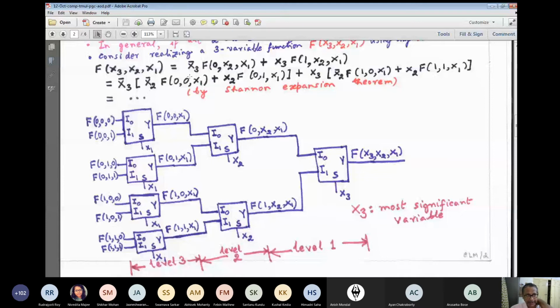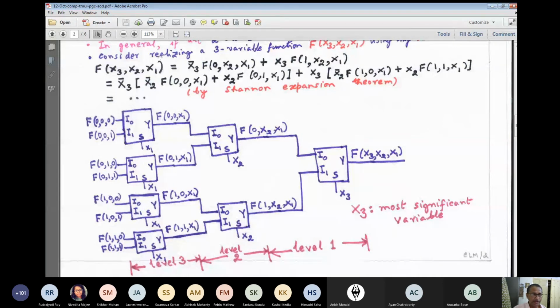Okay, so here you see that this corresponds to what? This bracketed term. So this corresponds to a single multiplexer, where x2 is coming to the select input, right? So that means here f0, x2, x1 will correspond to which one? This one.